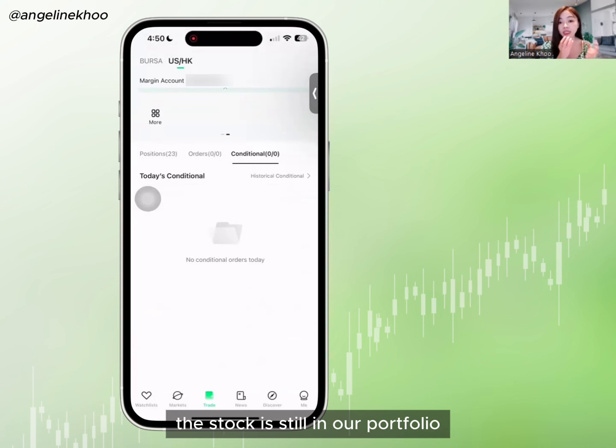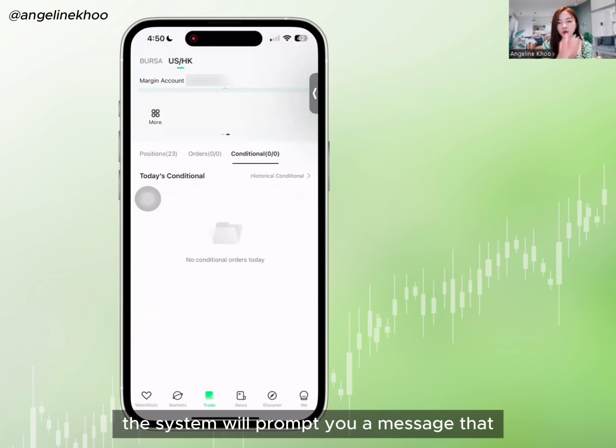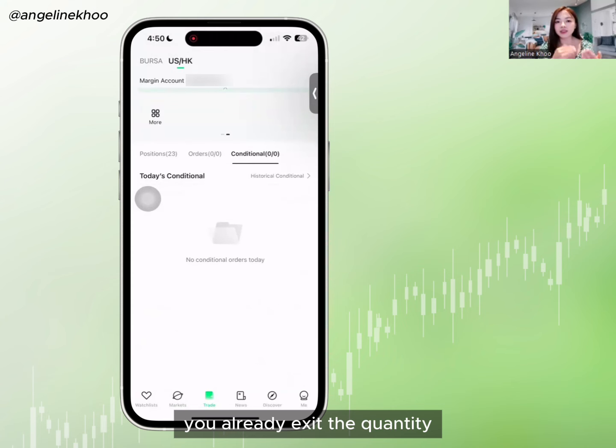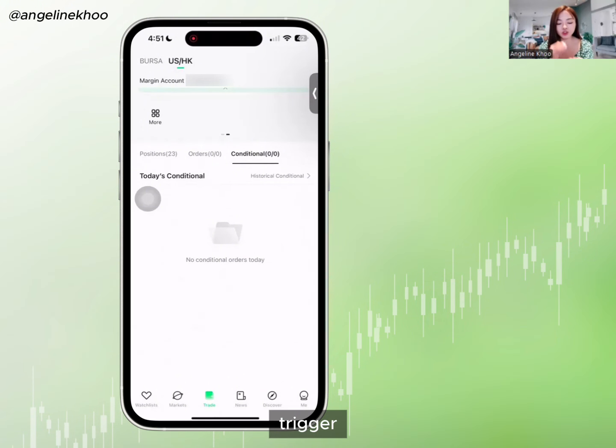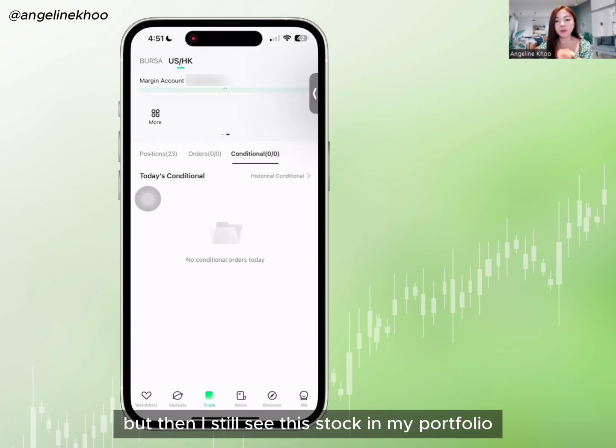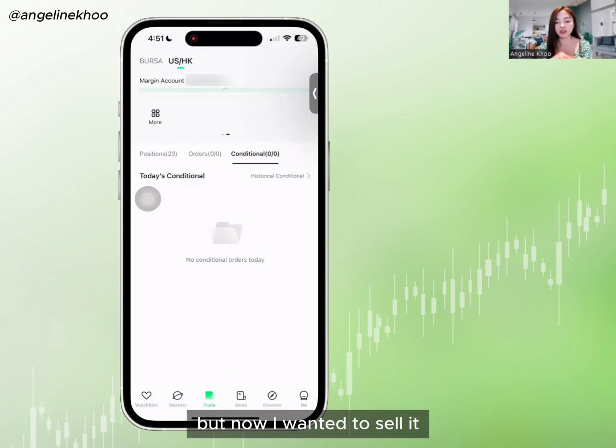The stock is still in our portfolio. But when you want to sell, the system will prompt you a message that you already exceed the quantity, like you cannot sell because you already exceed the quantity. You open up your trading account and see that it already hit the stop loss and triggered, but you still see this stock in your portfolio, and now you want to sell it on the spot, but you cannot.